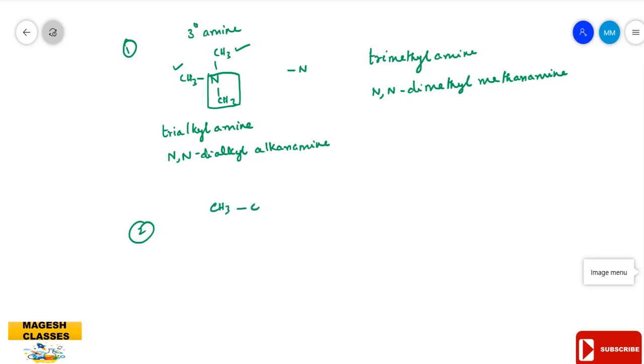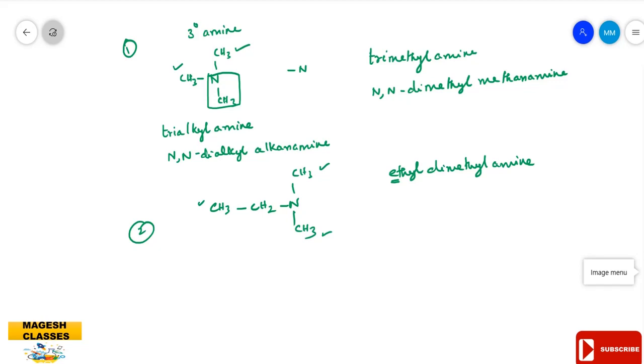Consider the other example: CH3-CH2-N, here one CH3, here one CH3. Here the 2 groups attached are methyl, and there is ethyl. So the common name is ethyl dimethyl amine. E is alphabetically first, so ethyl dimethyl amine.